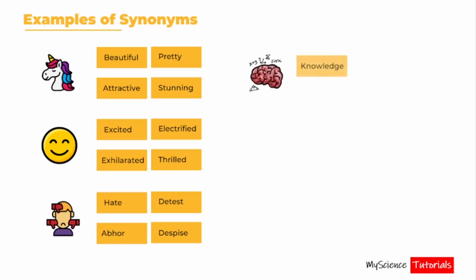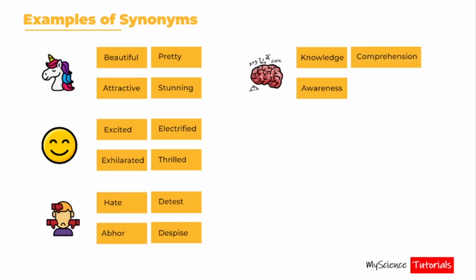Okay. Now, the next word we want to look at is knowledge. Now, if you have knowledge about a particular subject or a particular field of study, it means you have an awareness about that particular subject or field. So your knowledge is your awareness or your comprehension.